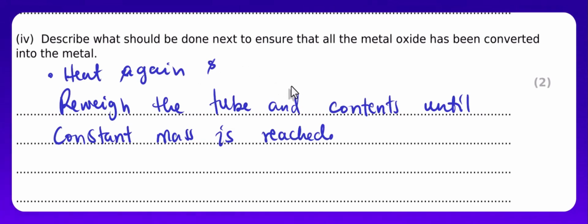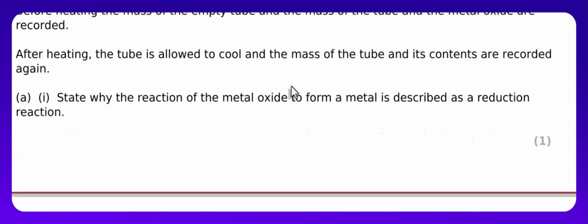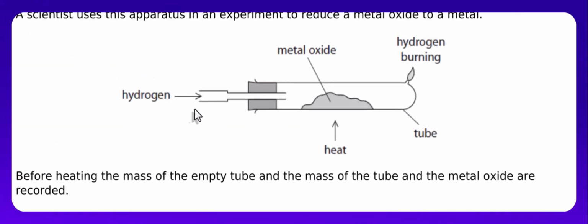Now let me just show you why that is important for you to know whether the reaction is complete or not. Let's just go up a bit. Now, when you pass hydrogen, it actually removes the oxygen from the metal oxide. So as time goes by, the mass of the contents will be decreasing. So for you to know that the reaction is complete, you'll have a constant mass.